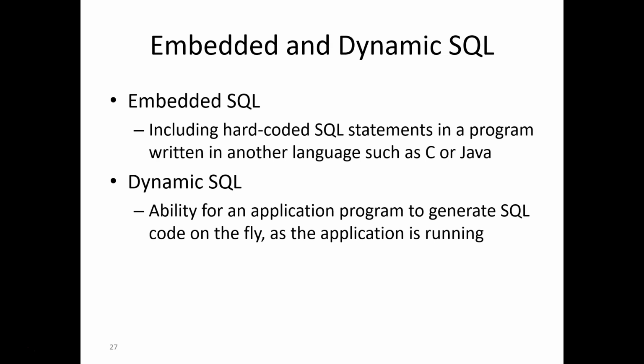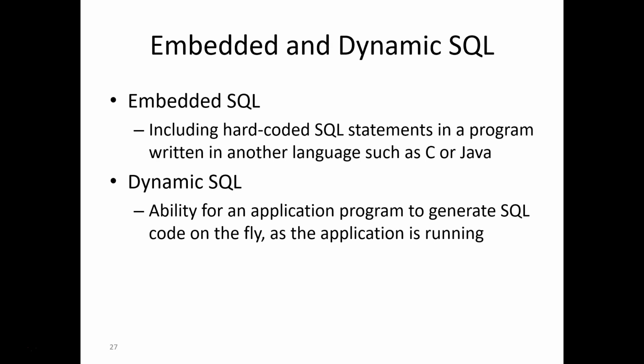However, when the programming component cannot be part of the database management system, then we can embed the SQL statements in the code of the application program. Most programming languages today support embedding SQL statements in the program code for accessing databases.